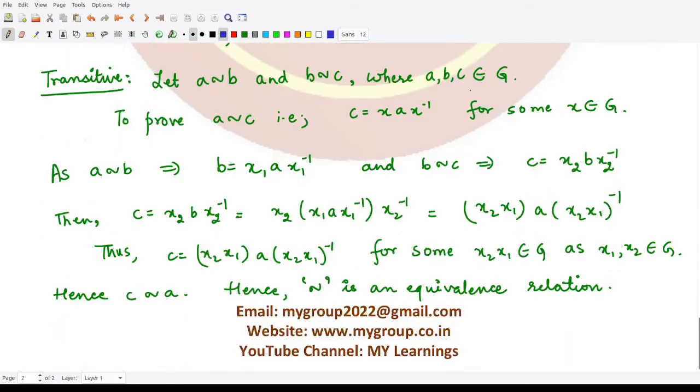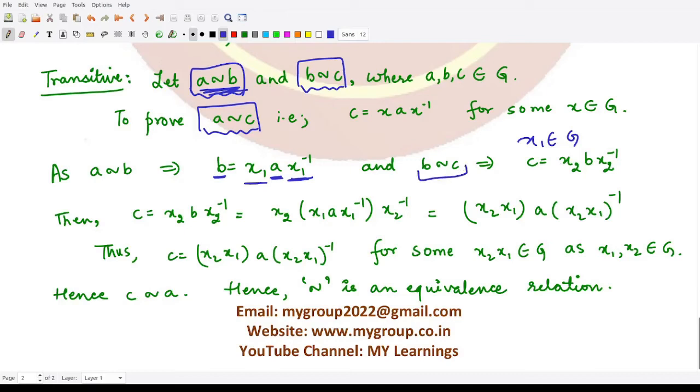Transitive property tells us that if A is related to B and B is related to C, then A is also related to C. So we assume that A is related to B and we assume that B is related to C. So we need to prove that A is related to C. Here, because A is related to B, that means we can write B as x1 A x1 inverse, where x1 is some member of the group G. And because B is related to C, that means C could be written as x2 B x2 inverse, right? Where x2 is also some member of the given group G.